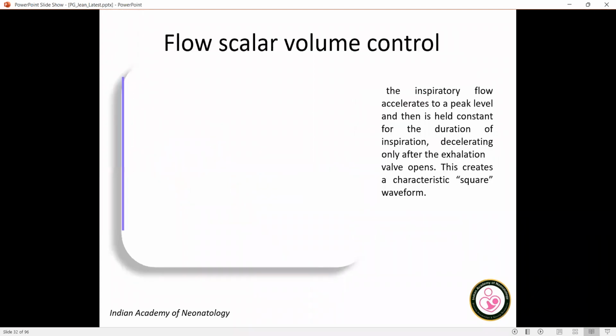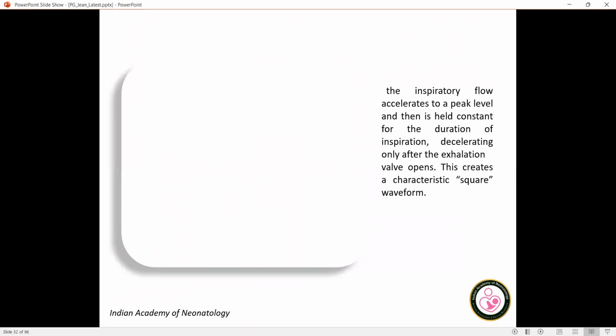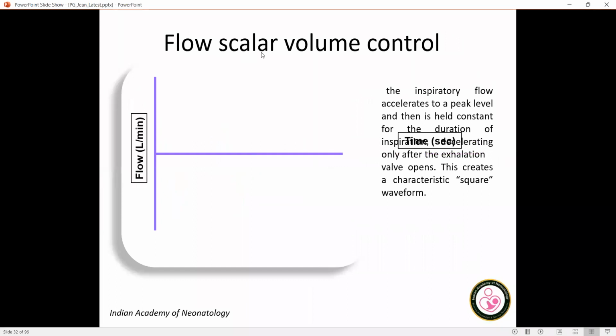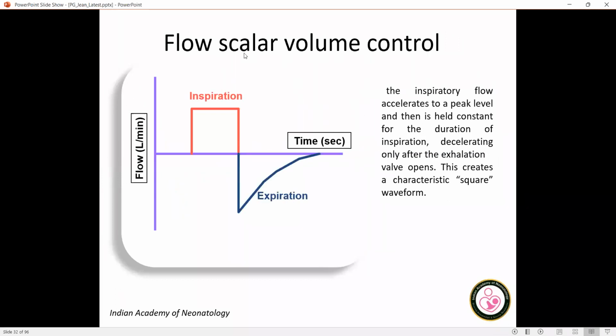What we see is this, the previous waveform was actually pressure control ventilation. That is why we saw that spike pattern. In a flow scalar of a volume control, how will it appear? We already discussed that in volume control ventilation, the flow scalar will have a square waveform. Why?